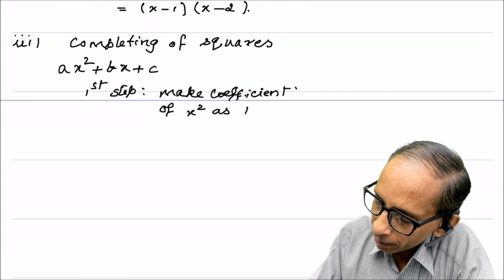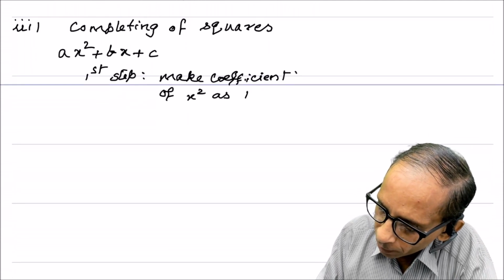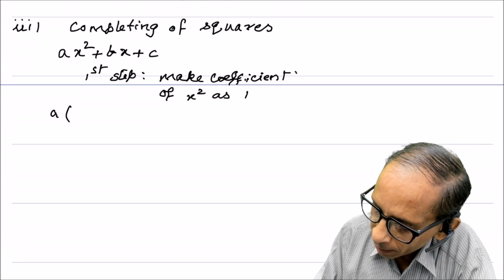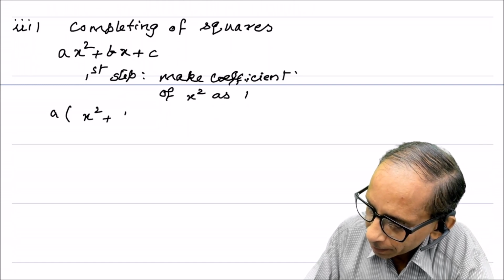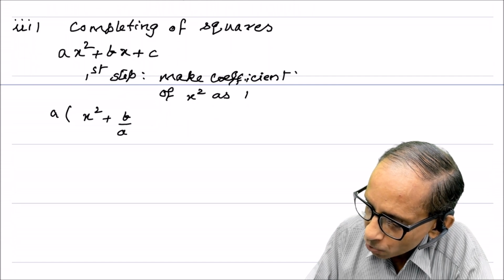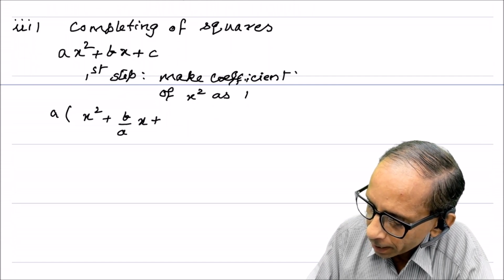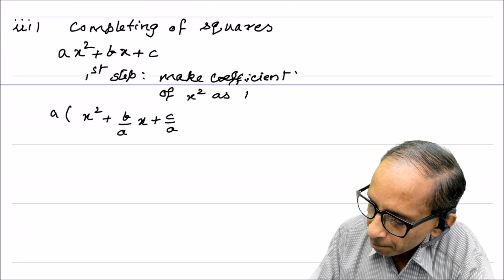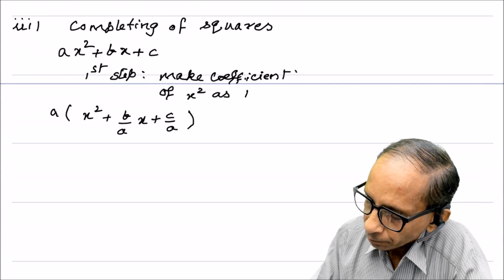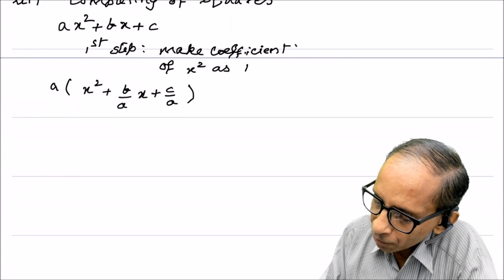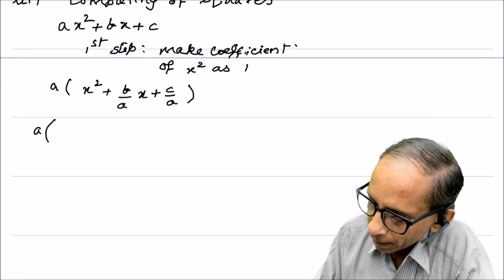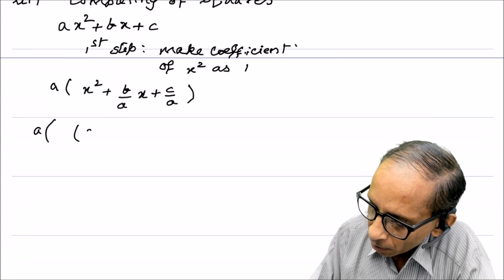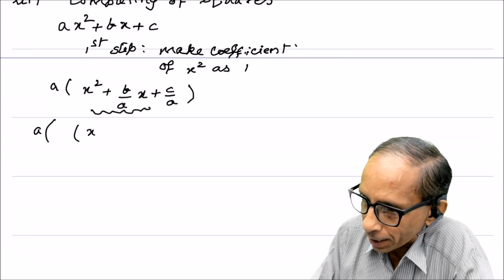And if we are doing this, we have to take a outside, and inside the bracket we will be having x square plus b by a times x plus c by a. Once we have this much, we keep this a outside, and here we have to try to write these two things within a square.